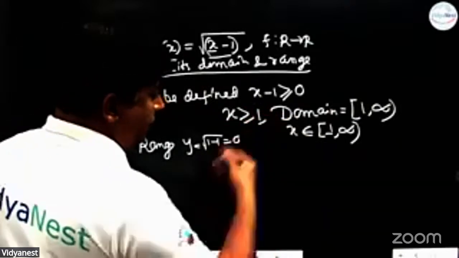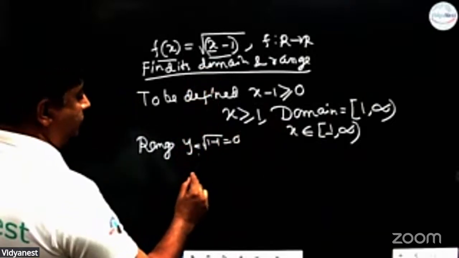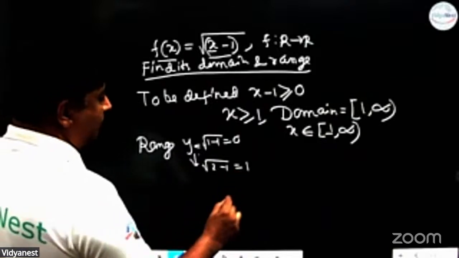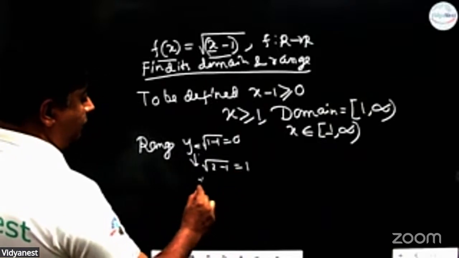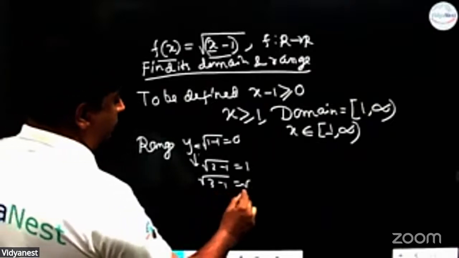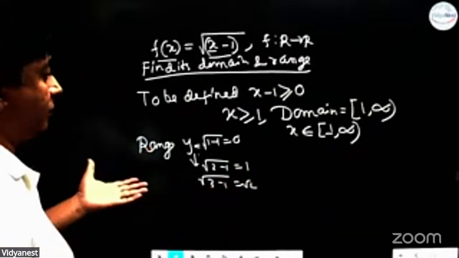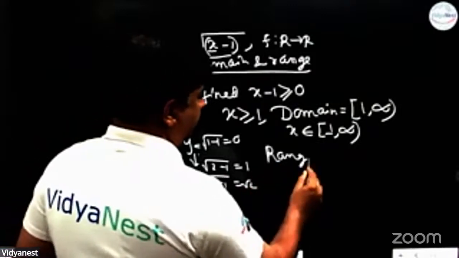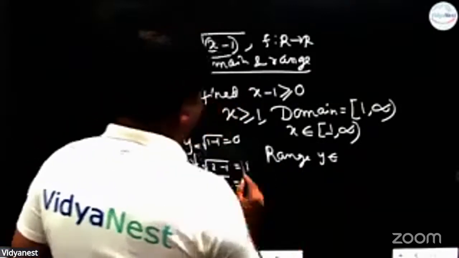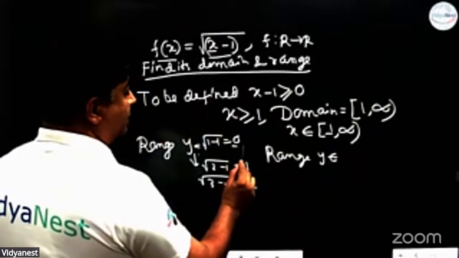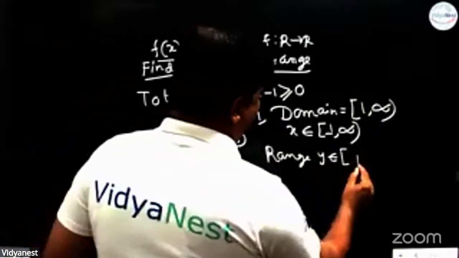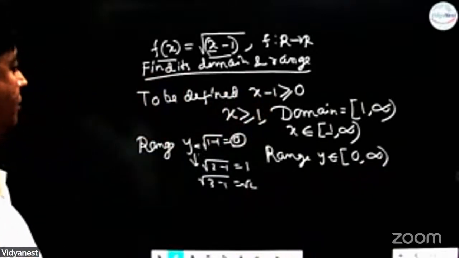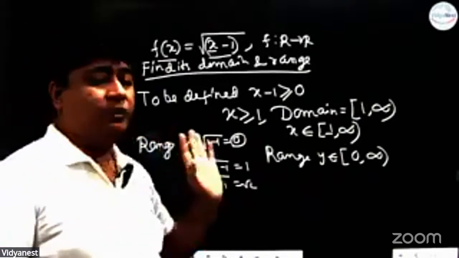Now keep on adding the value. Put 2, root of 2 minus 1, then it will be 1. Then put 3, 3 minus 1, root 2, and so on. So range y starts with 0 and ends with infinity. So this is the way you can find domain and range.